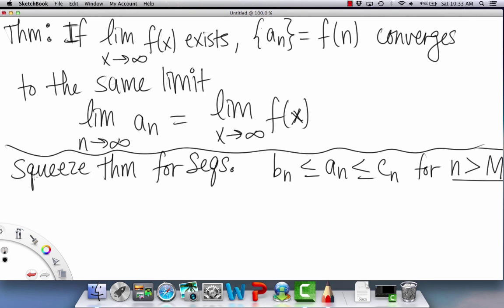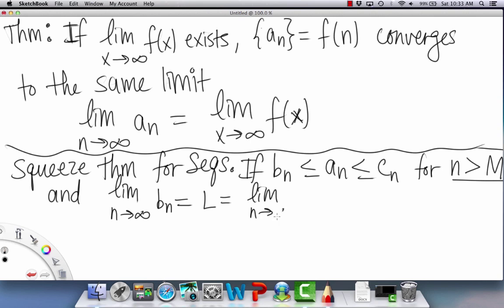And then we're also given, so this is all like if this and this, the limit as n goes to infinity of b_n equals L, which equals the limit as n goes to infinity of c_n, then we have our big then. As you might conclude, this is like the sandwich or squeeze theorem.